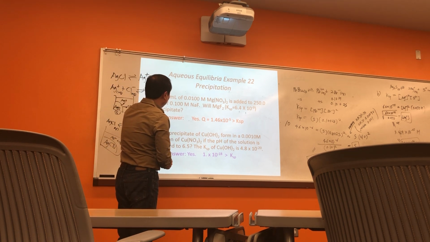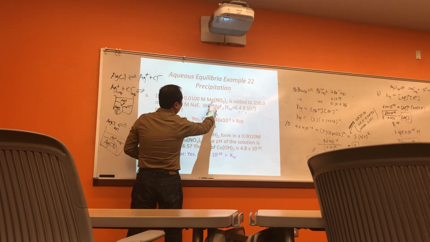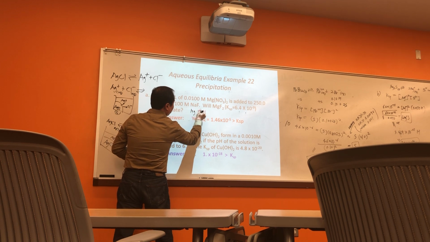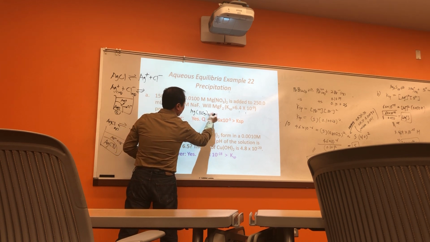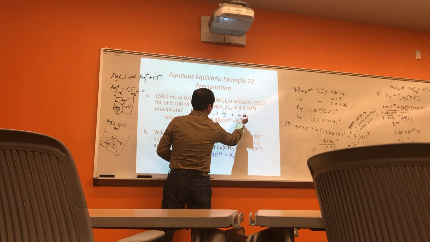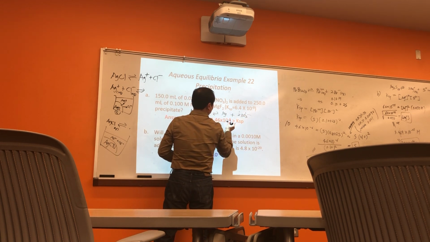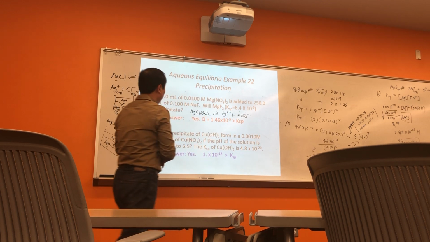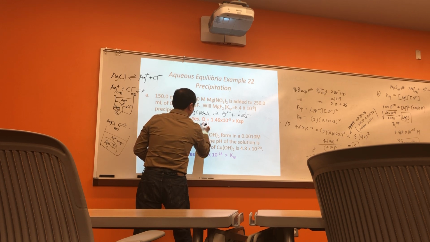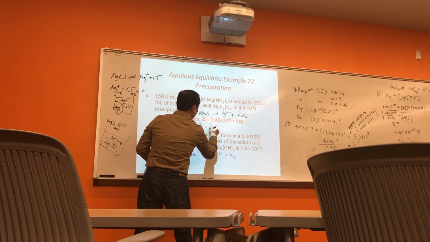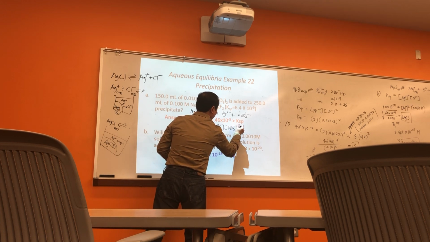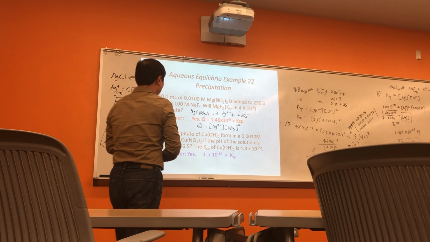Well, the answer is already here, but why don't we try magnesium nitrate? Magnesium nitrate will dissolve like this. So my KSP expression or Q expression, I will say Q is Mg 2 plus times NO3.